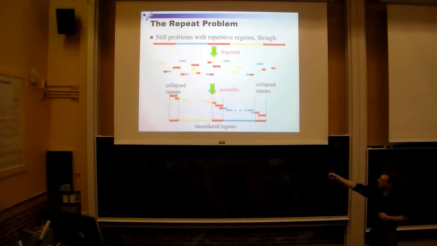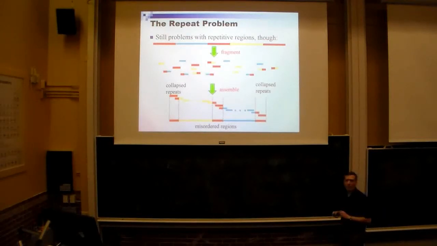We also get problems of misordering, because if you look at the fragments you would get out of this piece of genome, where we have yellow in front of blue, you would actually get the same set of fragments as the one that has blue in front of yellow. You'd still get red and yellow fragments, yellow and red and blue, blue and red. So you can't tell which of these versions of the genome produced that set of fragments.